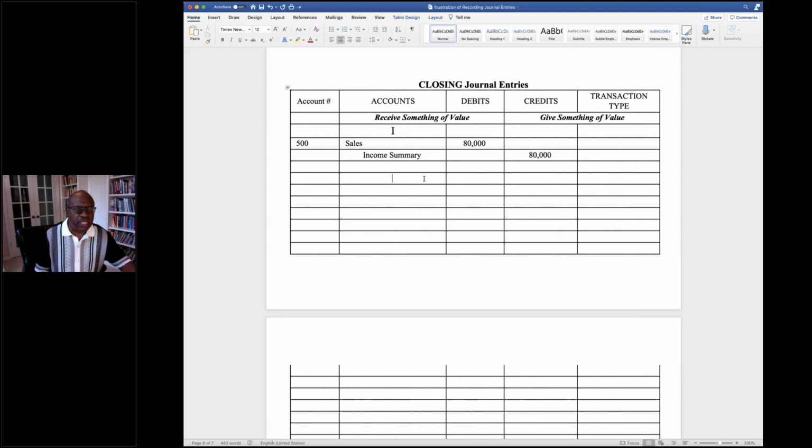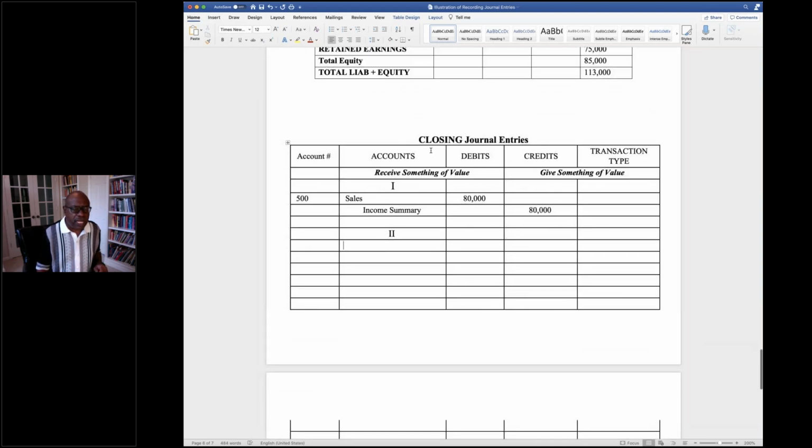Now let's go to closing entry 2. And in closing entry 2, we're going to debit income summary now.